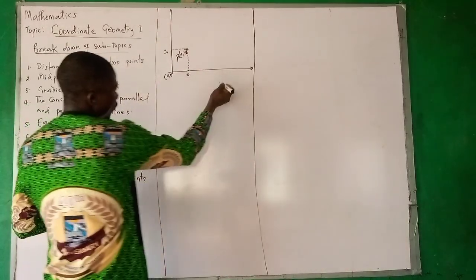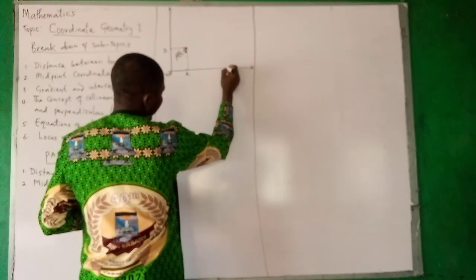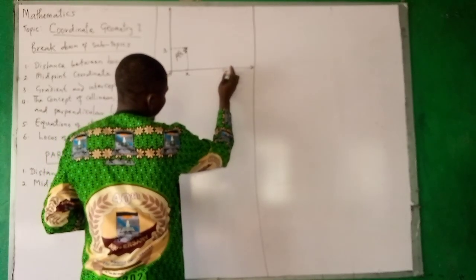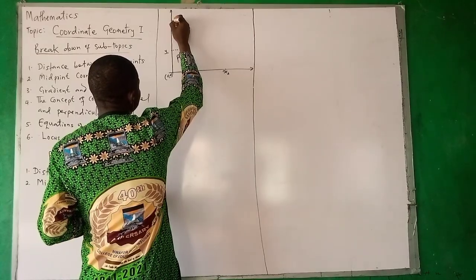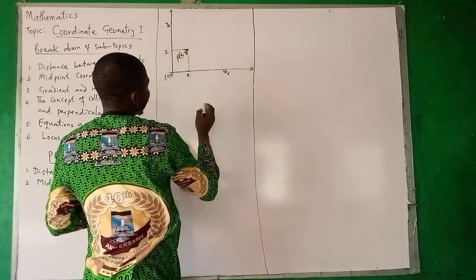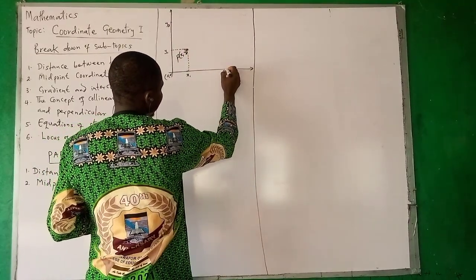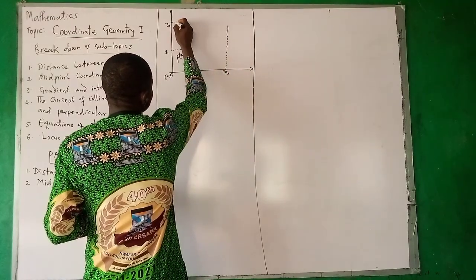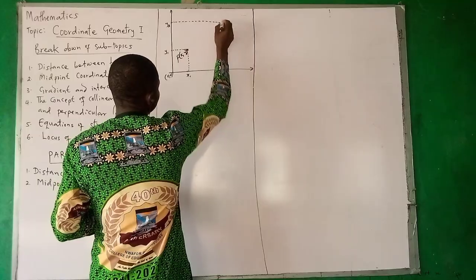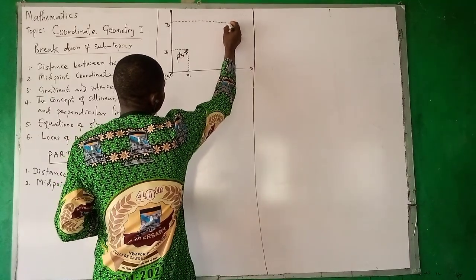Okay, if I have another x here, y2 here, if I trace the point, the point will meet here.